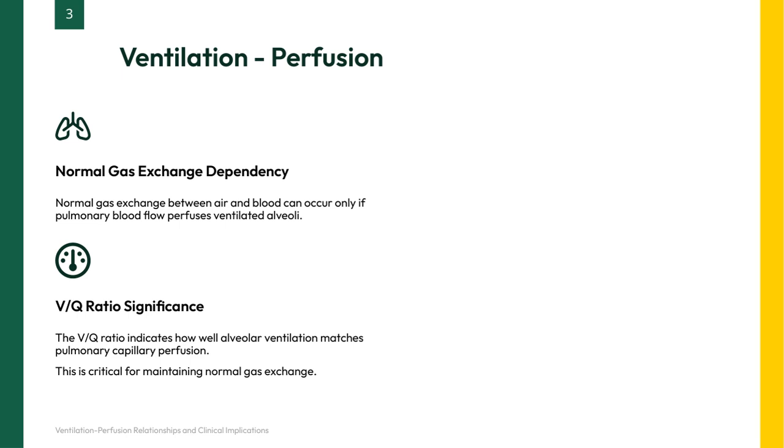It measures how well the amount of air reaching the alveoli matches the blood flow in the pulmonary capillaries. A balanced VQ ratio is essential because it ensures that gas exchange is efficient, allowing oxygen to enter the blood and carbon dioxide to be removed properly.